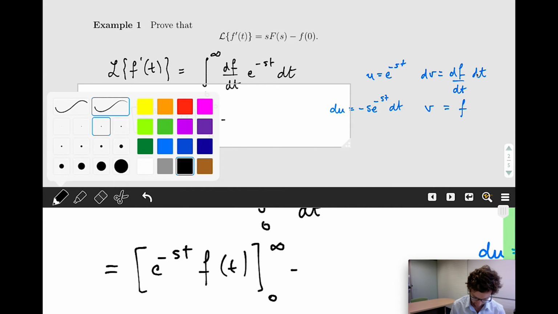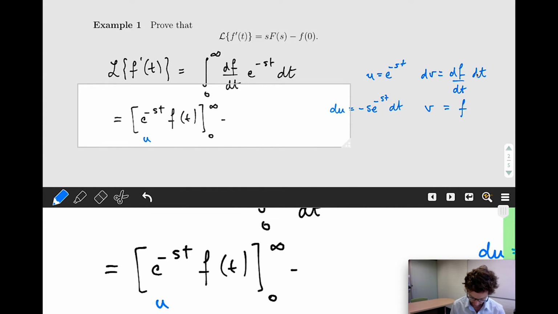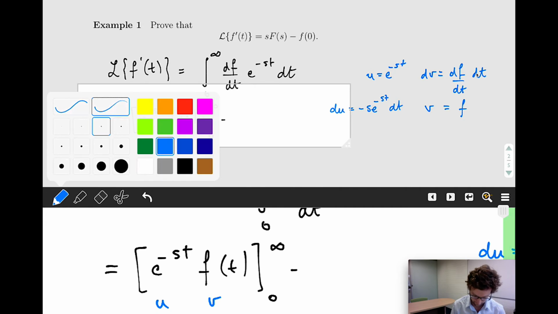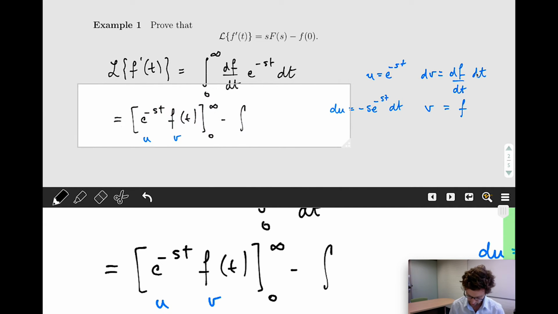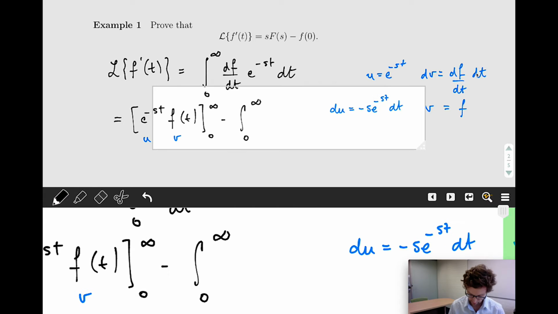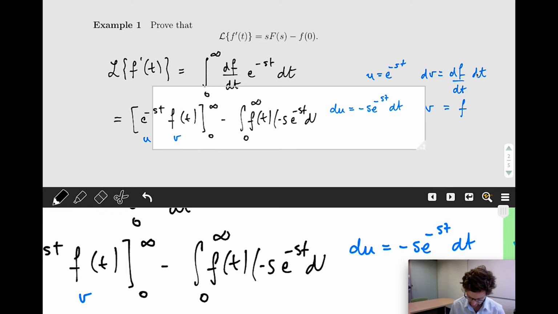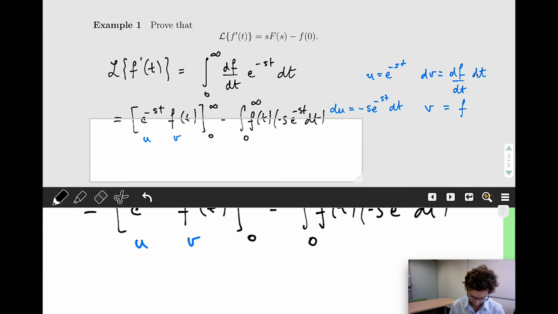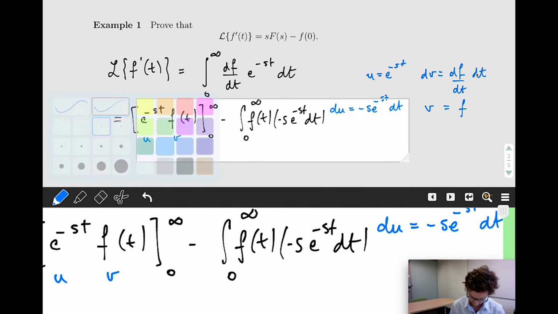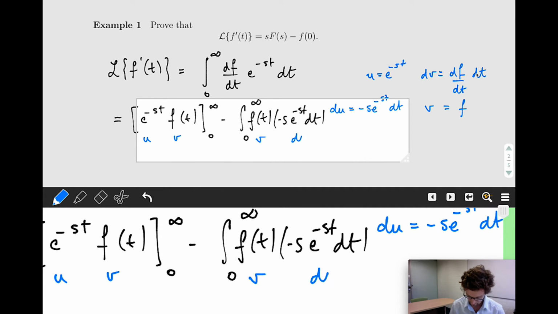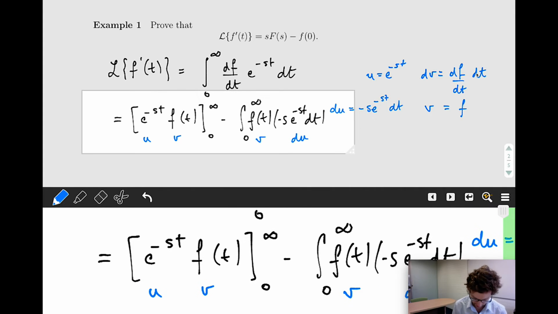So here's u, here's v, minus the integral from 0 to infinity of v du. So that's v is again f of t, and du we saw was minus s e to the minus st dt. So that's v du. And we used integration by parts.